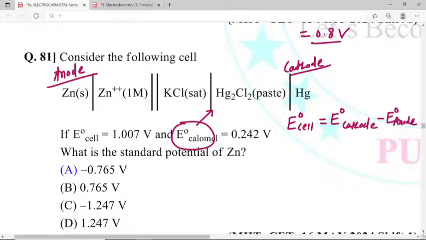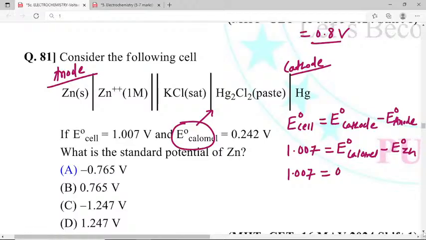E naught cell is given: 1.007 is equal to E naught calomel minus E naught zinc.